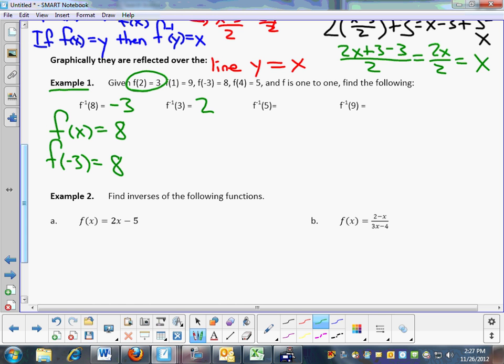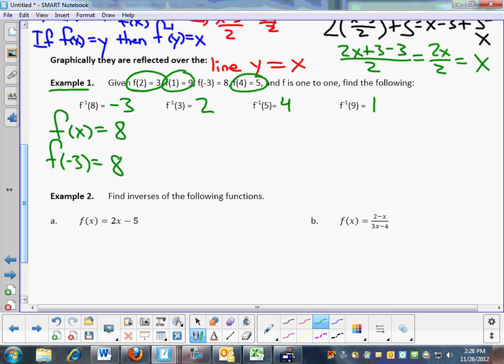Two is the input that gives you an output of 3. What is the input that gives you an output of 5? 4. And what is the input that gives you an output of 9? So if you have a problem like that, could you do that?